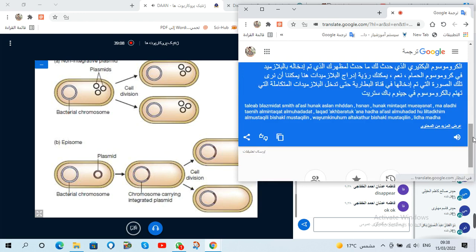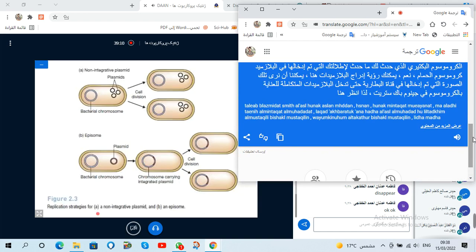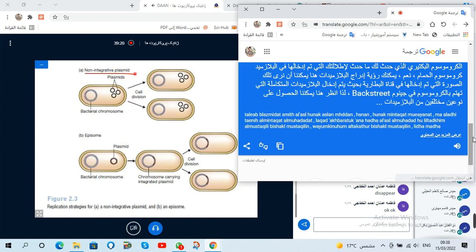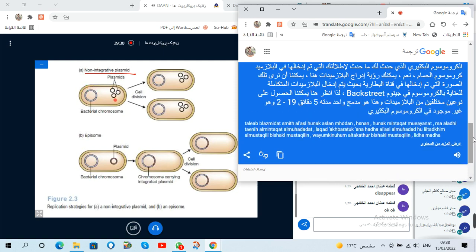So look at here. We can have 2 different types of plasmids. This is non-integrative plasmids, which don't enter the bacterial chromosome, which multiply independently.